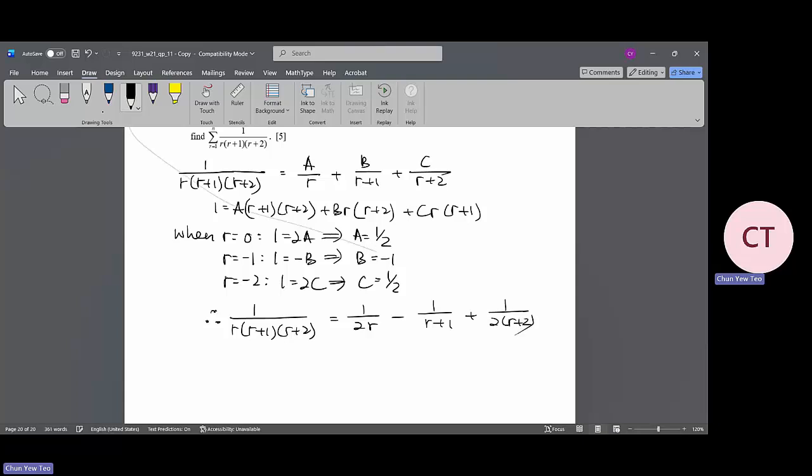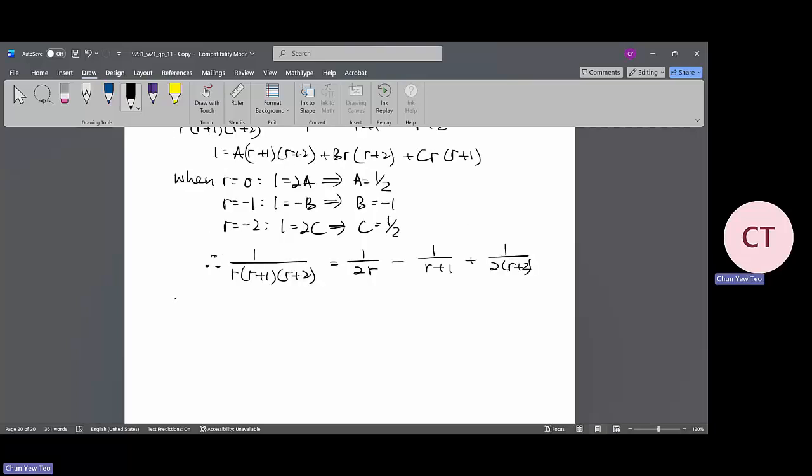This is what we will be having. Now we want to find the sum of the n terms starting from r equal to 1. We just use the partial fractions that we have found earlier and replace them inside.